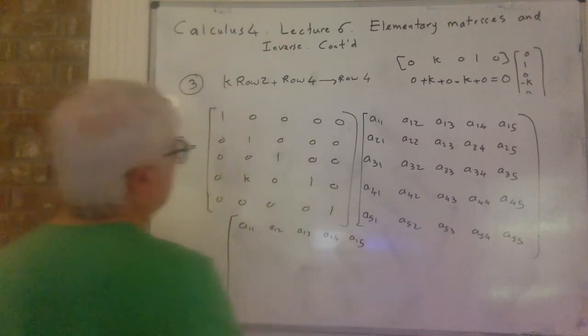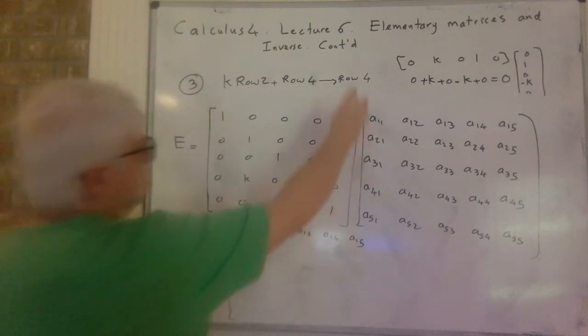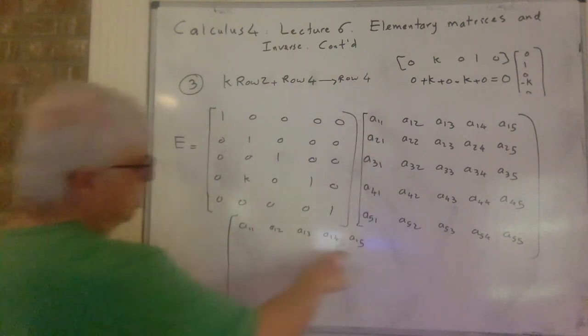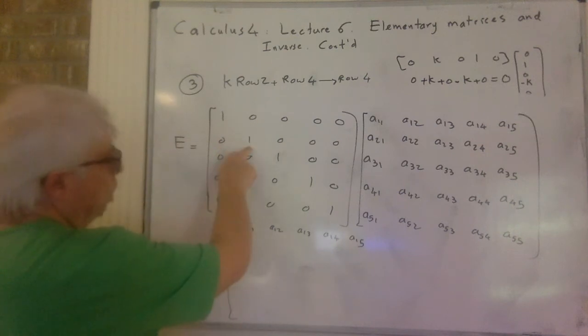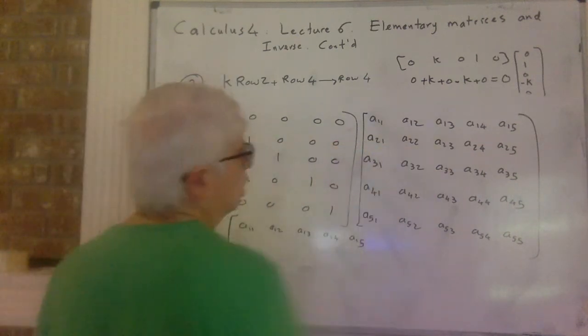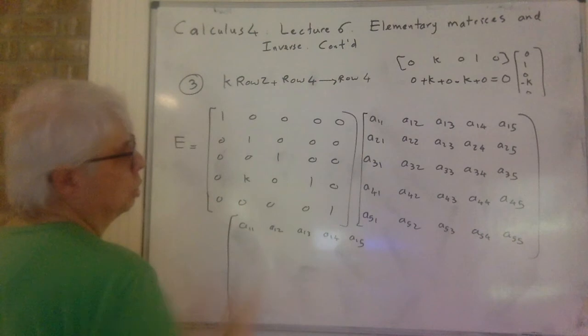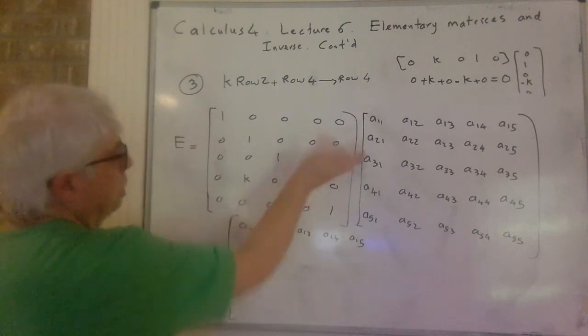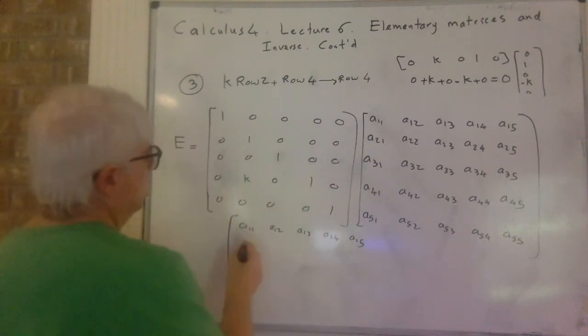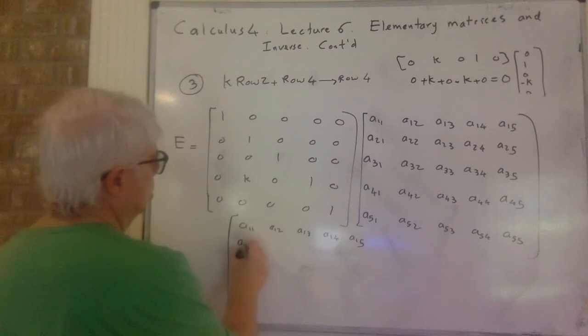How about the second? This multiplied by each one of them gives me the second row here. So this 1 is multiplied by each one of them and will give me just that. The rest are 0. So just multiply and you will see for yourself. So the second row doesn't change.